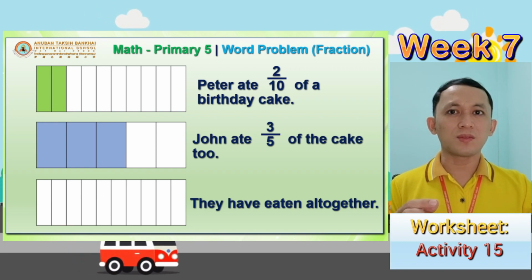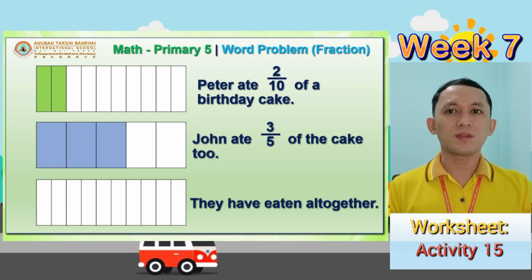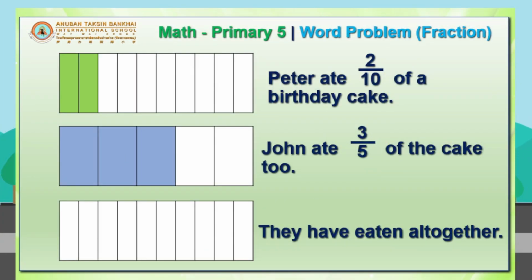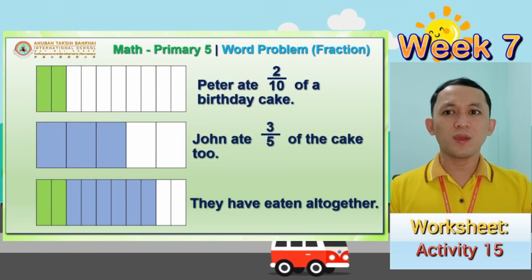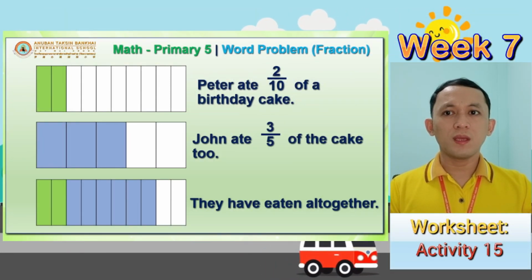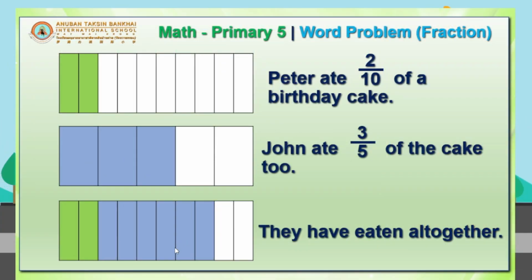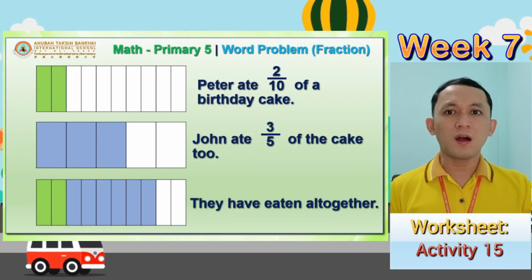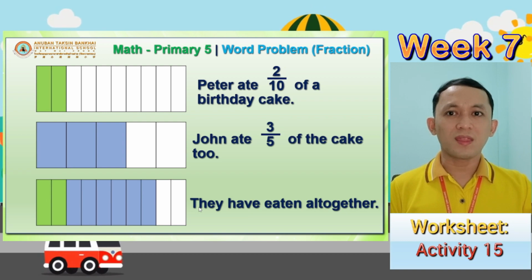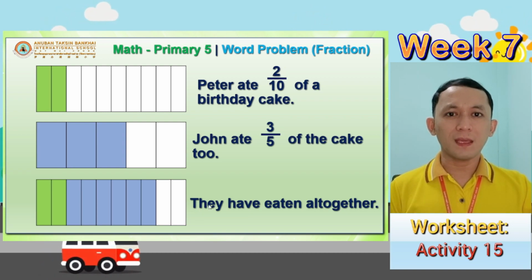So if you're going to write the fraction that Peter ate and the fraction that John ate, we have this representation. So if you're going to count this one, we have 1, 2, 3, 4, 5, 6, 7, 8 shaded parts. So by just looking at this representation, we can say that Peter and John ate a total of 8/10. So that is the fraction that they have eaten.